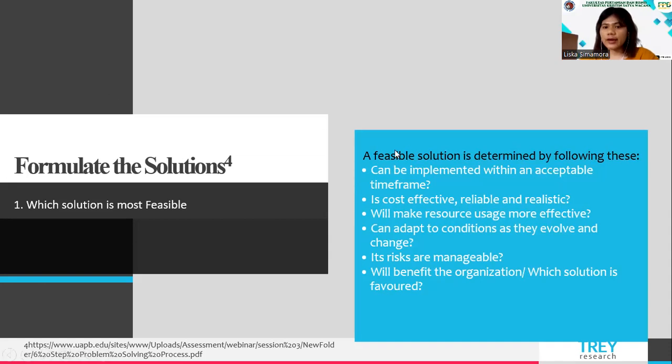So you can ask: can the agrotourism idea be implemented within 3 years or 2 years? If it can, then maybe your solution is feasible. And then, is the agrotourism idea cost effective, reliable, and realistic? Okay, so you have to test that. And then third, will the agrotourism idea make resource usage more effective?